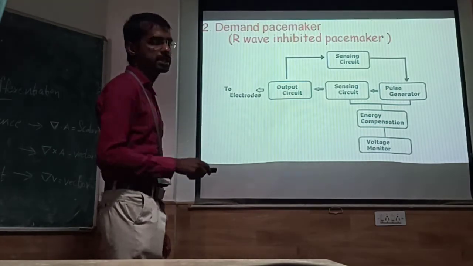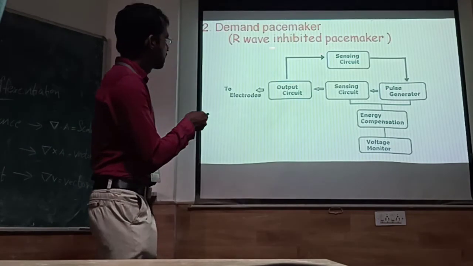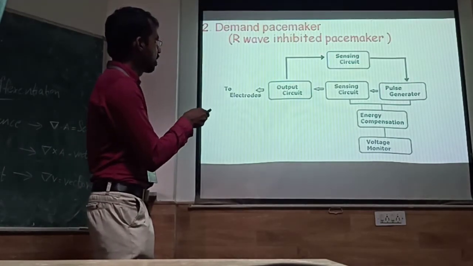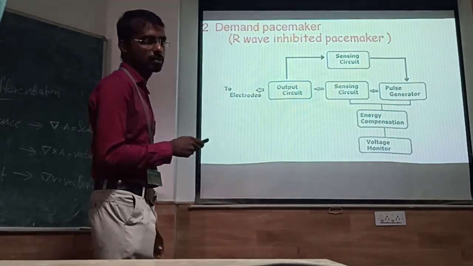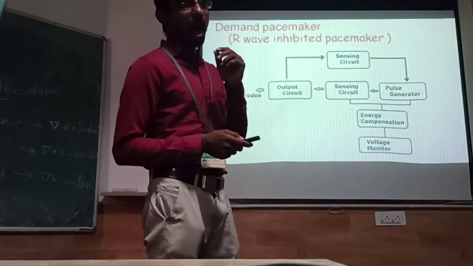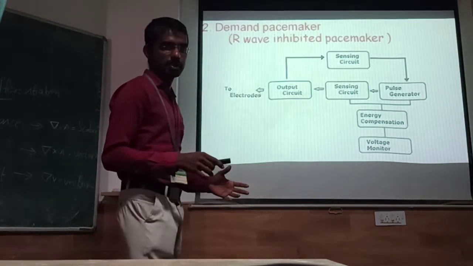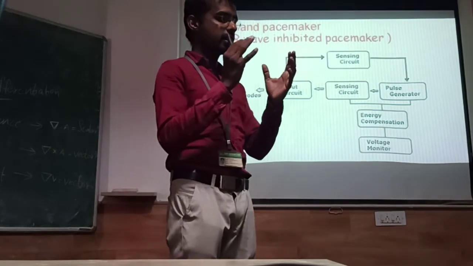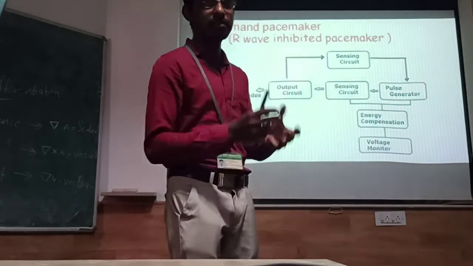Inhibited means no connection, no relation, or banned, something like that. So this will work whenever the R wave is missing. Whenever the R wave is missing in the PQRS waveform, the heart will not pump, the heart will quiver. Quiver is something like shivering, right?